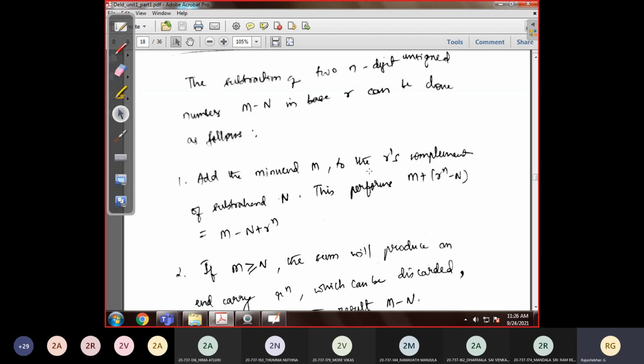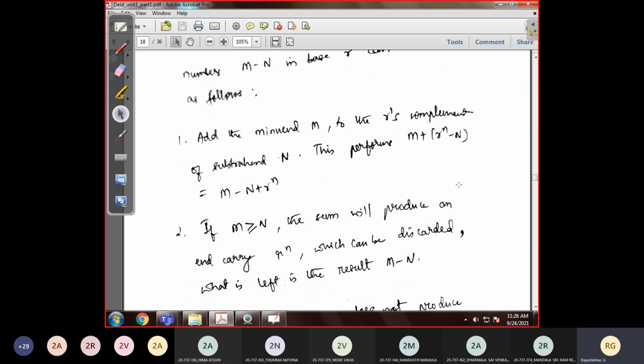So what you have to do? Take the r's complement of the subtrahend. So you have to take the r's complement of this number n here, and that r's complement, you have to add to the minuend which is given there. So the first step says add the minuend m to the r's complement of the subtrahend. This performs the operation m plus r power n minus n.